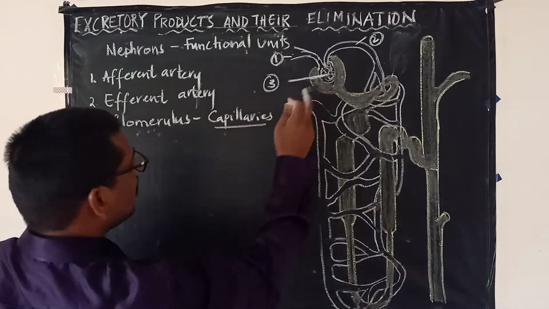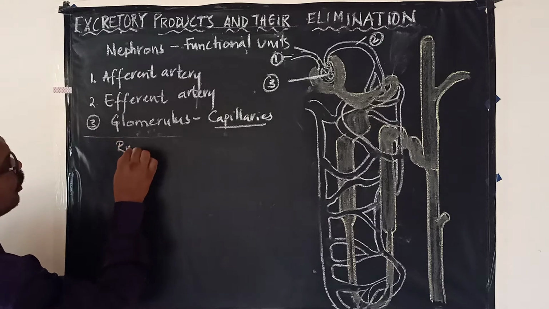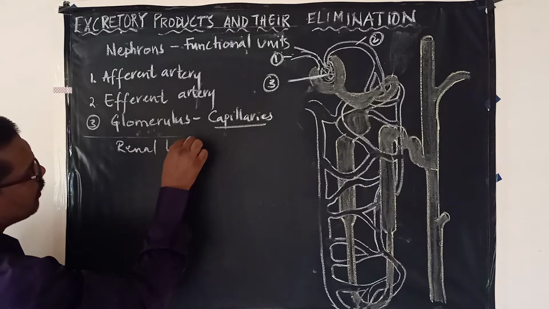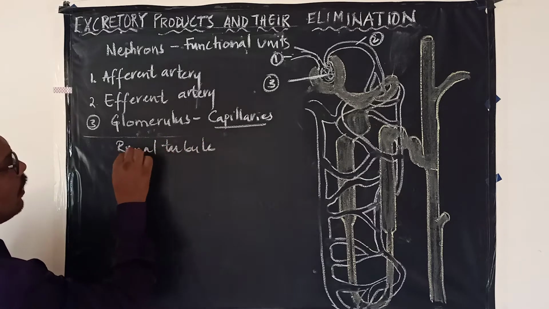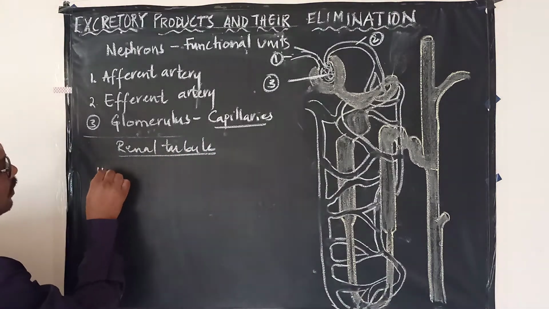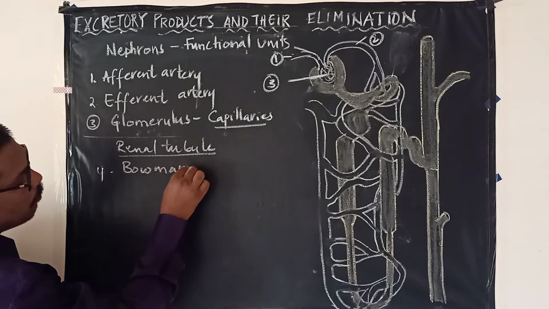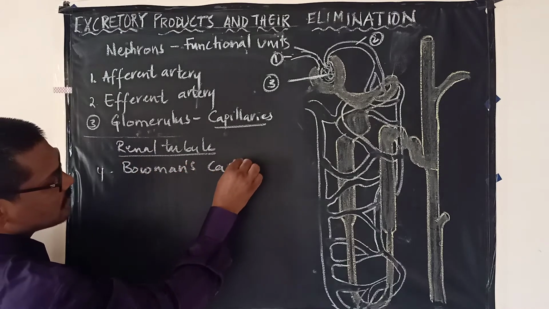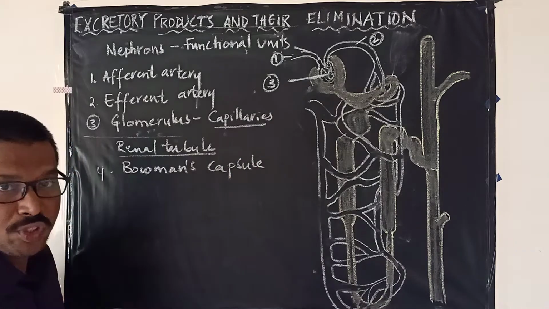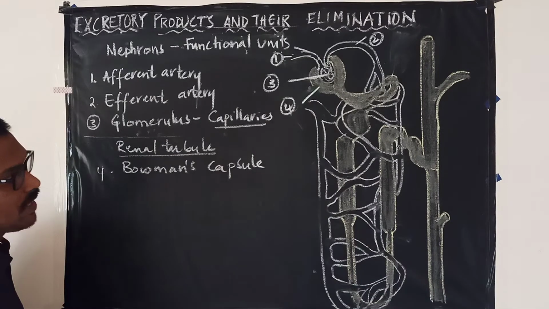And here if you are seeing the next part, we will be talking about what now? The renal tubule, the other parts which are coming under the renal tubule. If you are coming across the renal tubule now, you should remember it is starting with what? The fourth one, the Bowman's capsule.